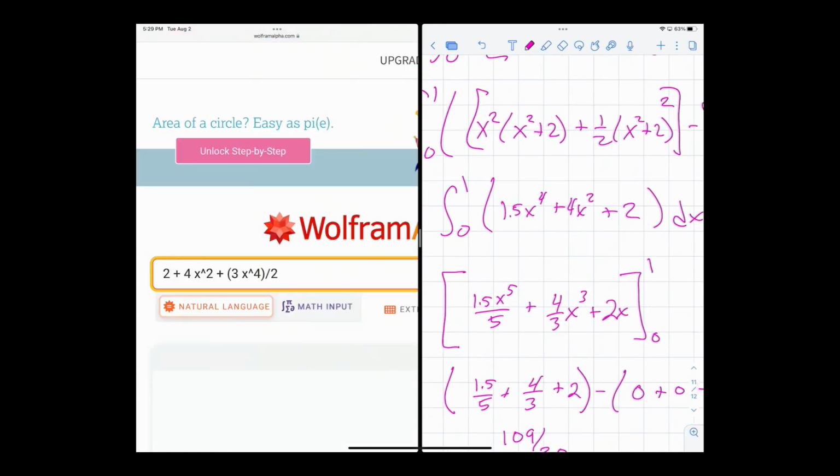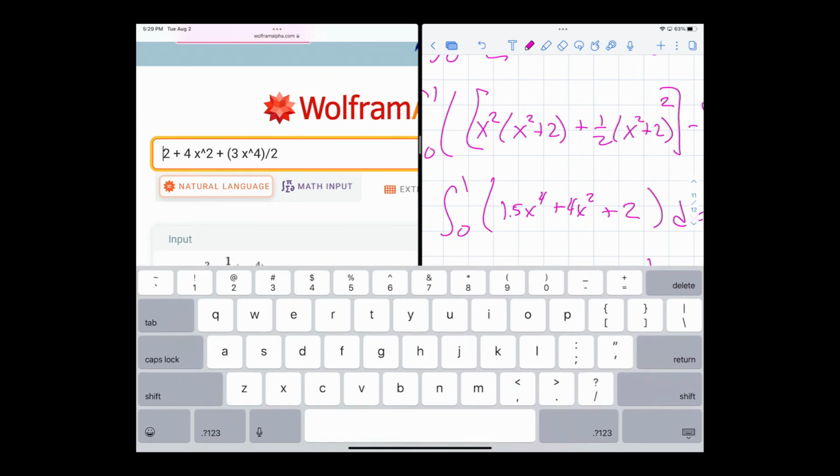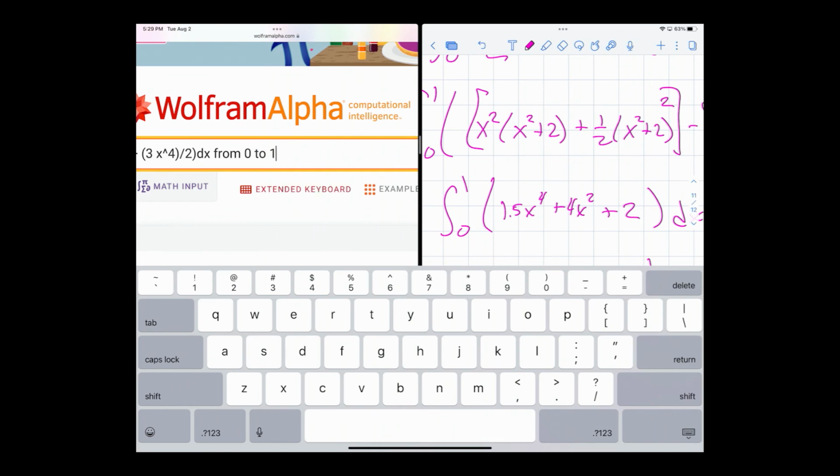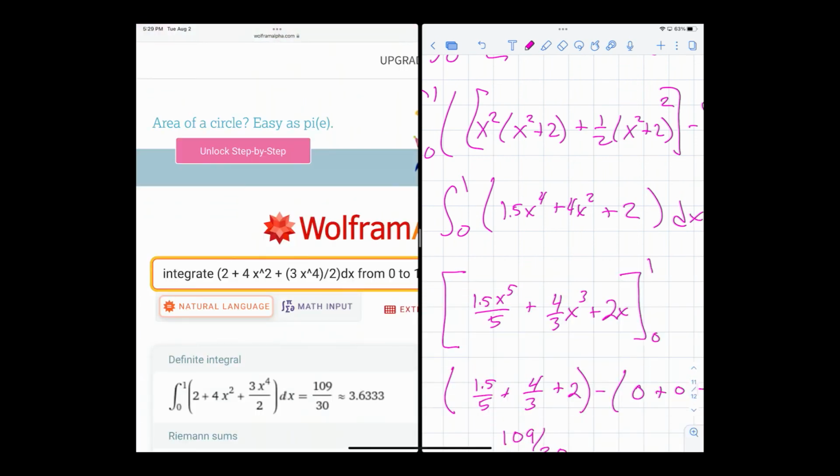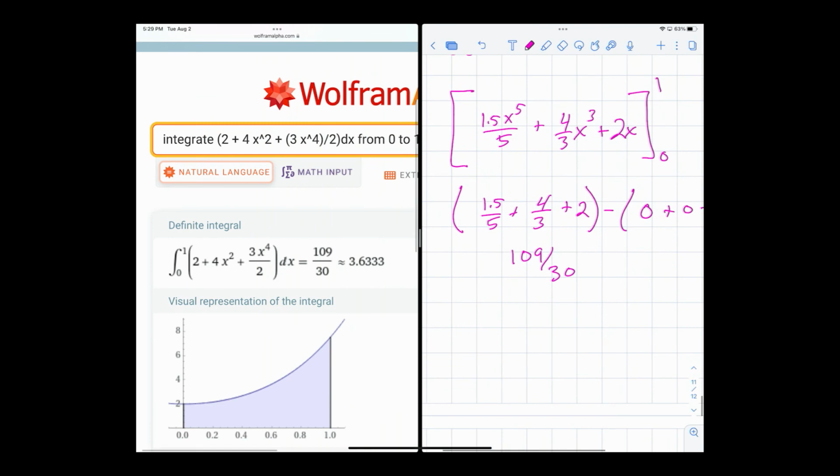So I just hit that. And then I come up here and integrate, wrap that up in a dx, and I go from 0 to 1, and I get 109 over 30.